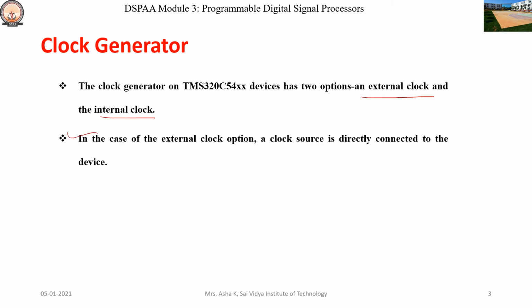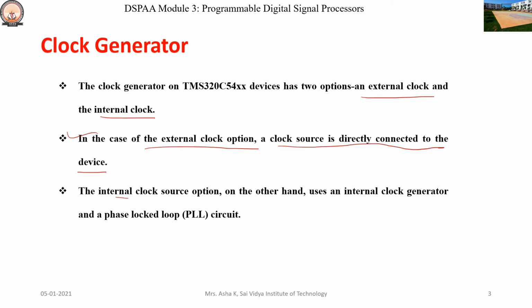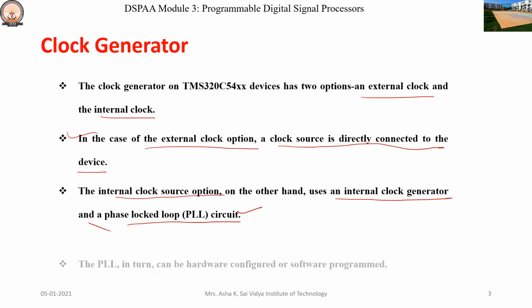In the external clock option, a clock source is directly connected to the device. In the internal clock source option, it uses an internal clock generator and a phase locked loop circuit.